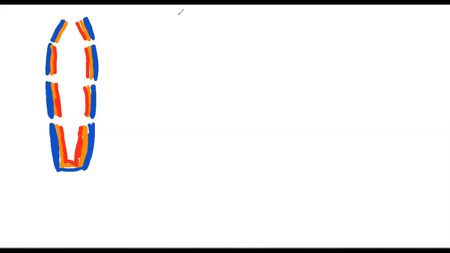And on the top, there will be a structure which is called osculum. So this is the vertical section of a sponge.